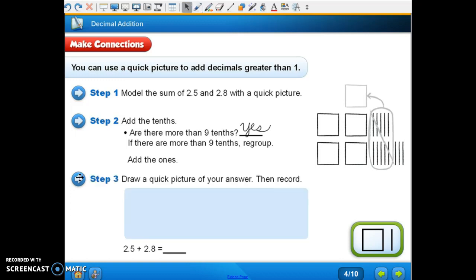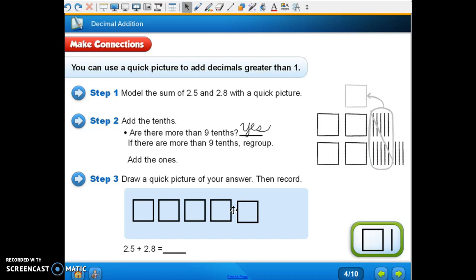So now we're going to go ahead and draw a quick draw of our answers. How many wholes are we going to put into our answer spot here? 1, 2, 3, 4, 5. So go ahead and draw your 5 ones blocks. Okay?